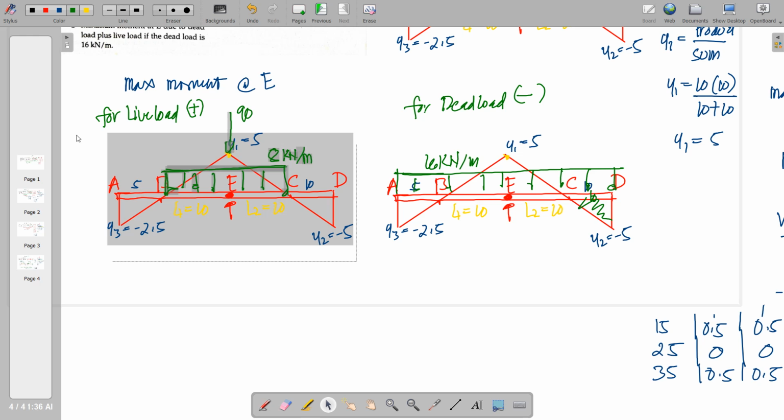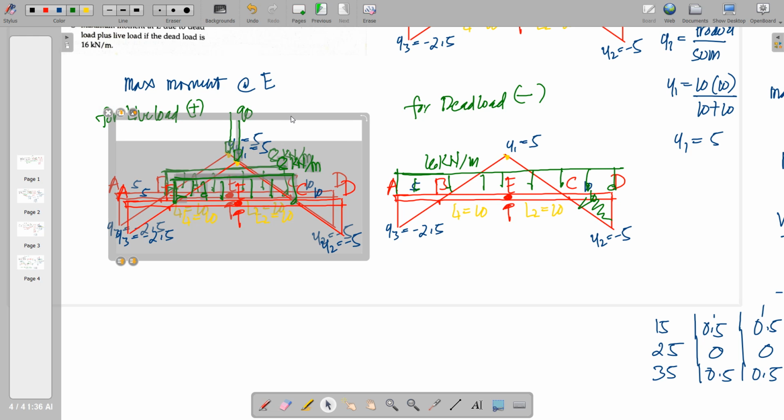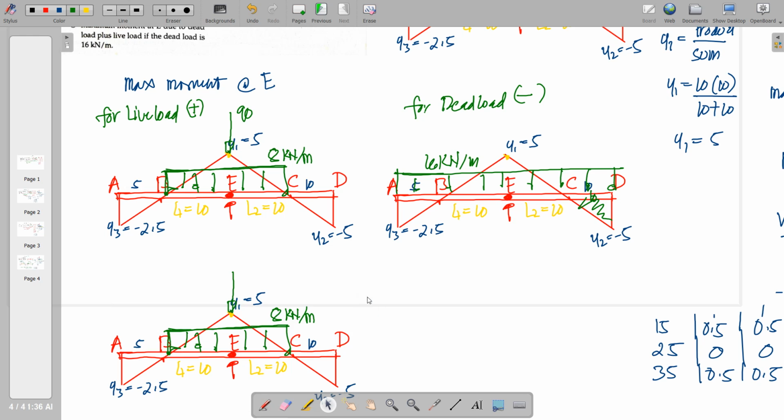So what if our criteria is live load minus?